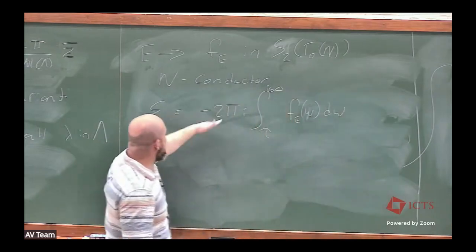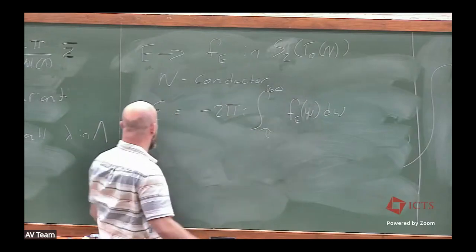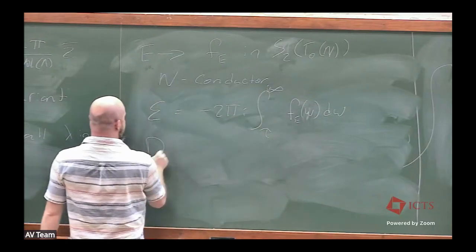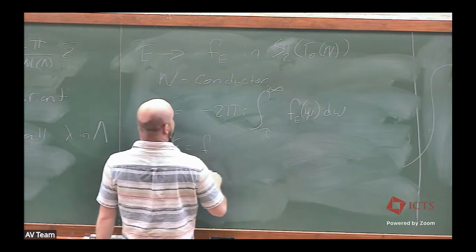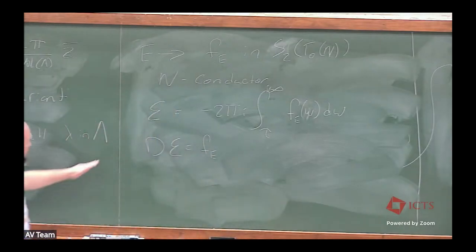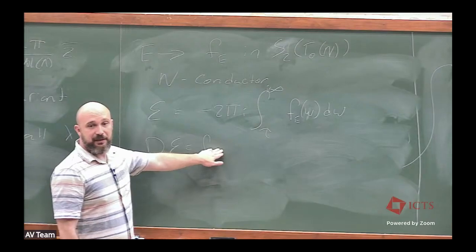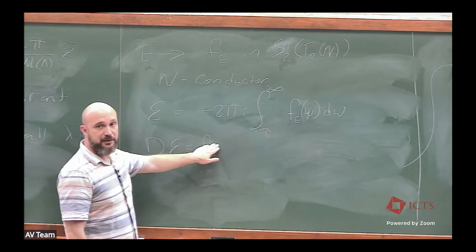So this is just an antiderivative of our cusp form. And it's all normalized so that if you use the D operator on the Eichler integral, you will get the cusp form. So the derivative gets a cusp form. This is something that is truly holomorphic or truly modular.